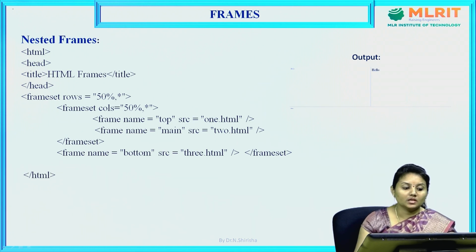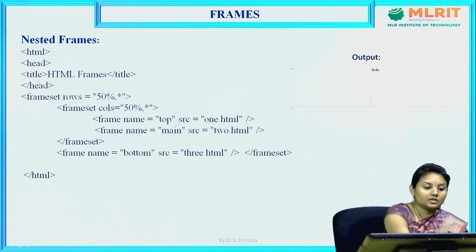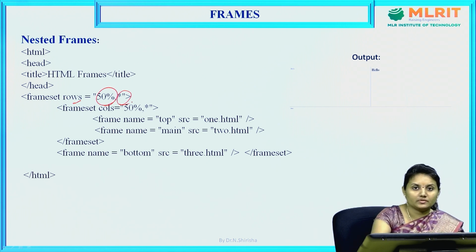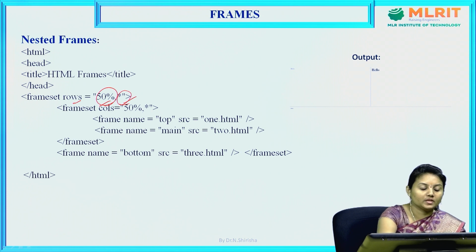Nested frames. Nested frame is nothing but like nested if, inside if; we have a frame inside the frame. So here if you see, rows are given 50% and the remaining 50%, say 100%, 50 we have taken. Frameset cols, I want column-wise 50%, 50%.